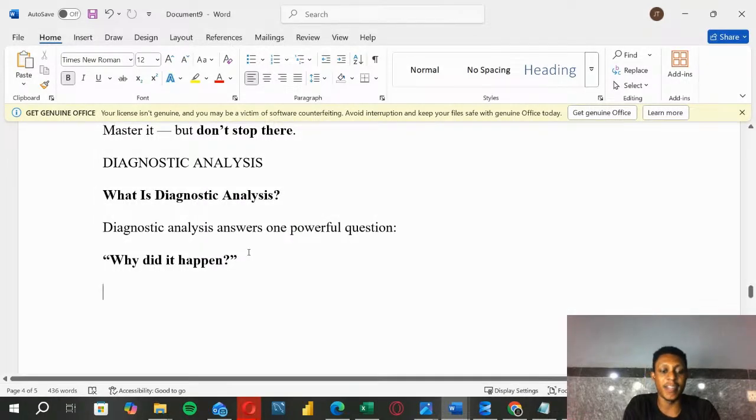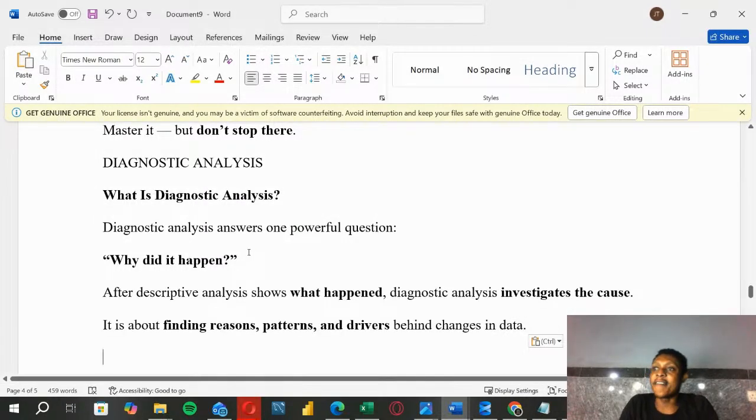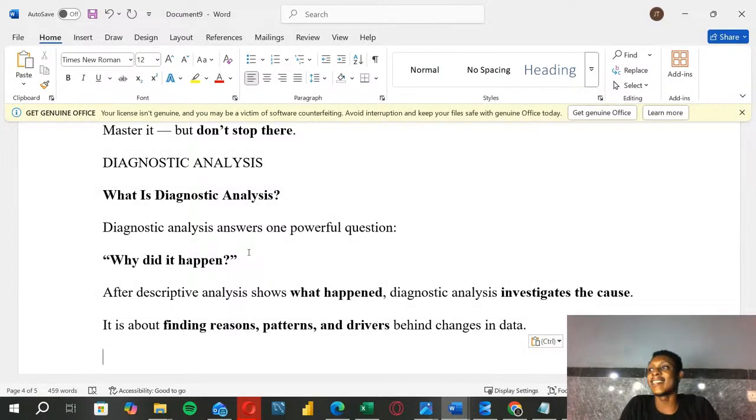So let's move on for further explanation. After descriptive analysis shows what happened, diagnostic analysis investigates the cause. You understand? Here, you're no longer a junior analyst that only cleans and analyzes data. Here, you're investigating your data, you're investigating the cause.